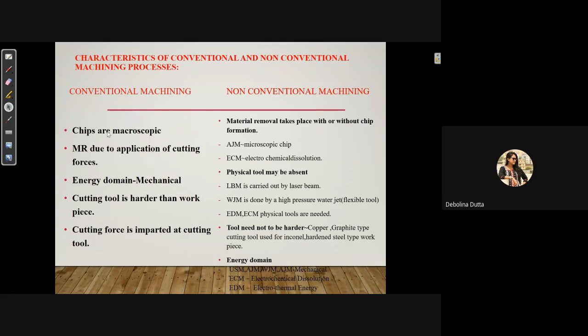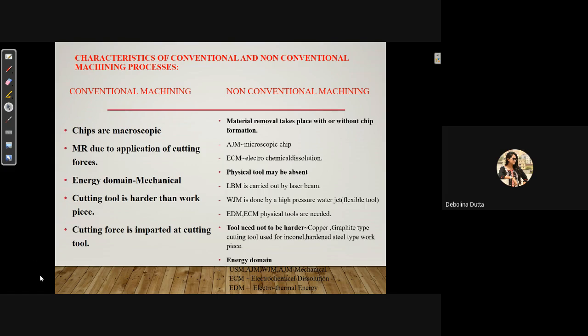Okay, so these are the differences between conventional and non-conventional machining processes. Hopefully you have understood the differences between these two.